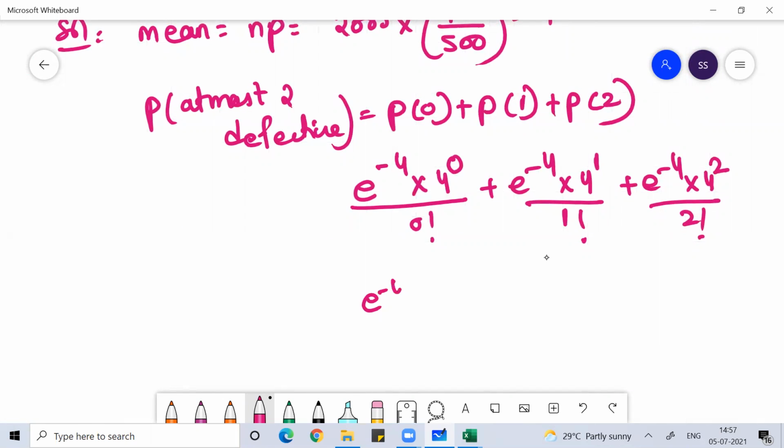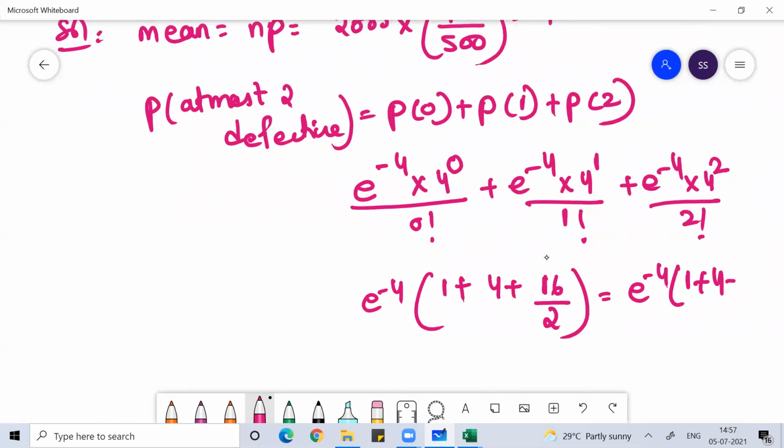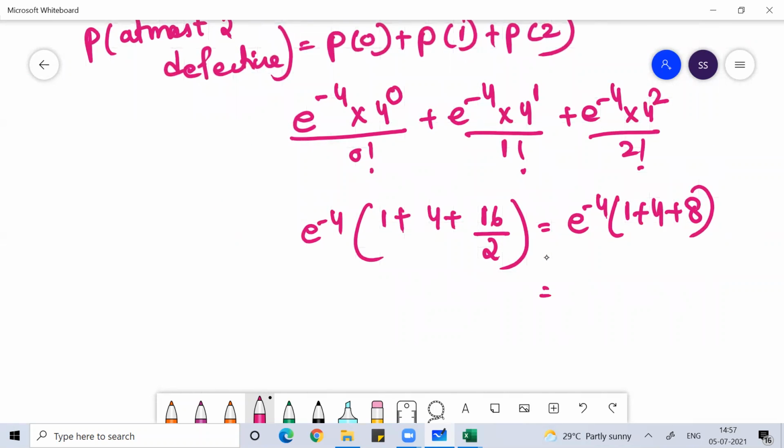I can take e to the power minus 4 common. I am left with 1 plus 4 plus 16 by 2, so e to the power minus 4 into 1 plus 4 plus 8. This is 13 e to the power minus 4.